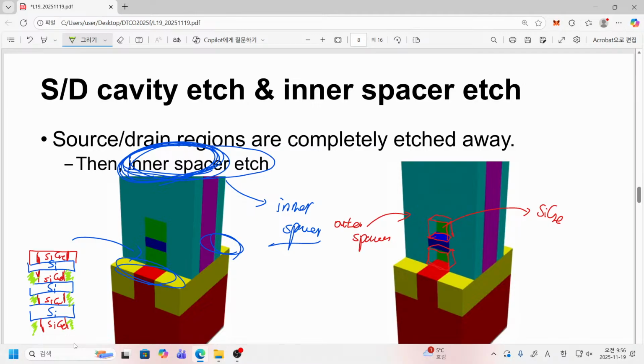It is because eventually we will remove this silicon germanium entirely. So what will happen? Now this silicon germanium will be eliminated. After that we will make our gate on this part. So the gate will be filled in this part.